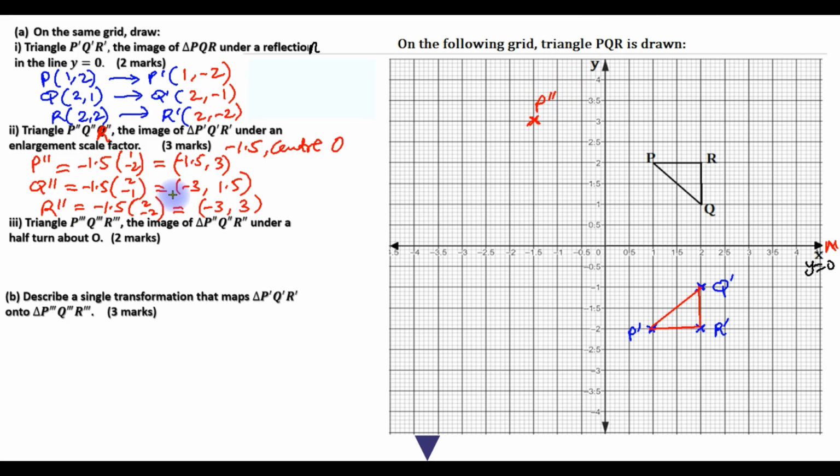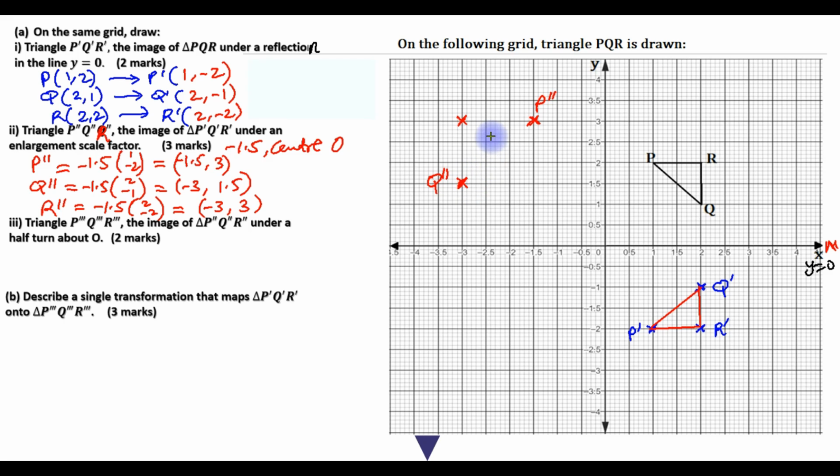Then Q double prime, minus 3, 1.5. So that is the point. Minus 3, 1.5, that is Q double prime. And finally R double prime is minus 3, 3.